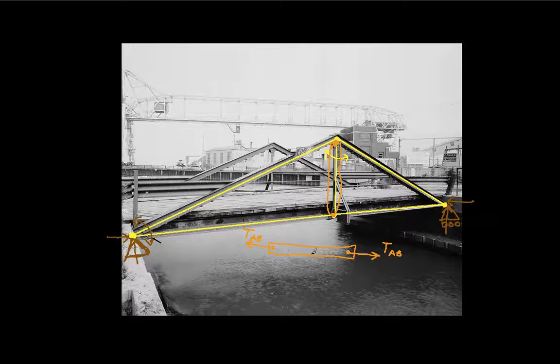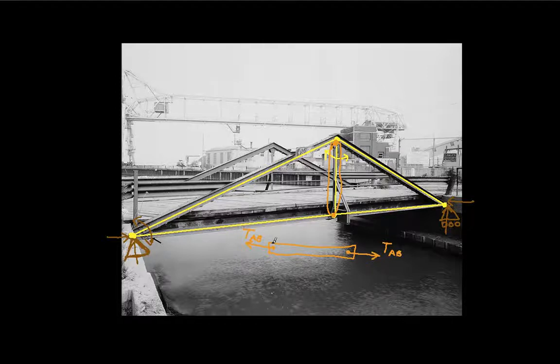These members are rigid, and so this tension may actually be as I've drawn it. In this case, it looks like I've drawn it so that the member may actually be pushing against something else, or it may be pulling on that something. Our goal is to find the tension in all of the members.